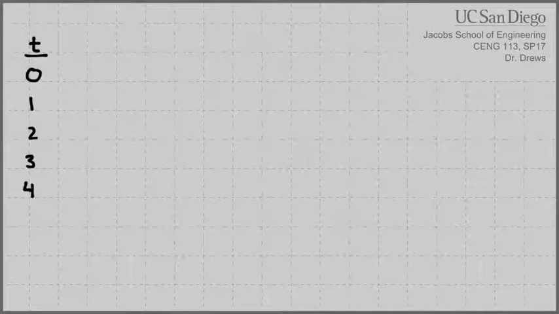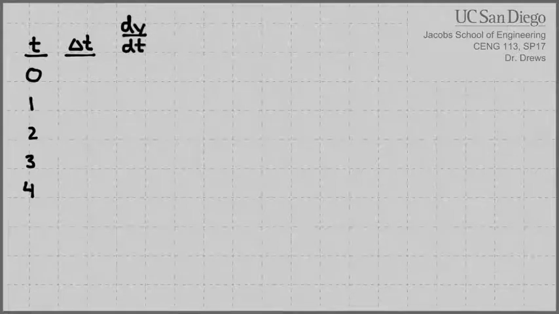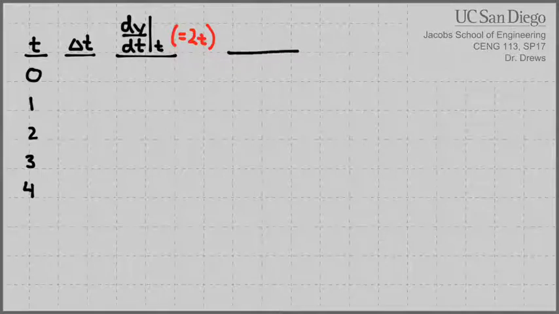Then we're going to tabulate some values. So we're going to calculate the change in delta t. We're going to evaluate our derivative, dy dt, at whatever value of t we happen to be at. This, remember, according to the problem statement, is equal to 2t. Then we're going to calculate y as an approximation.